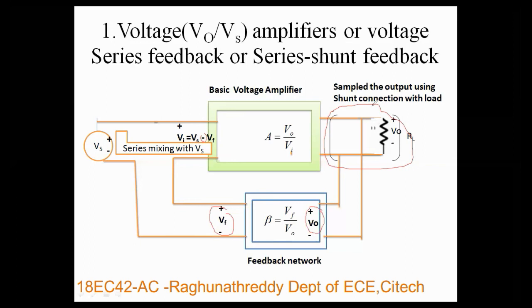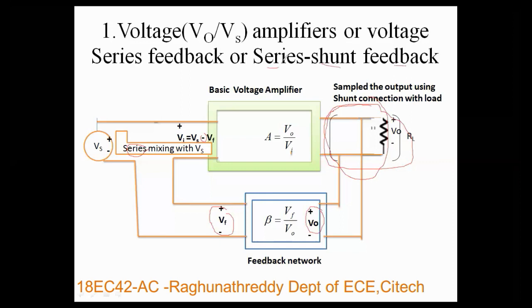Because voltage is sampled at the output side, and the output of the feedback is mixed in series, hence it is called voltage series feedback, or we can say by another name, series shunt feedback.